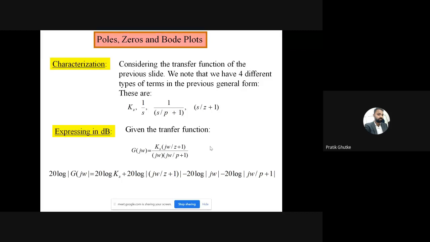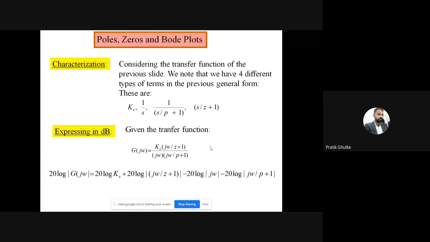This is the generalized form when the transfer function is given in the S domain. We have to calculate the transfer function in the frequency domain. For that, replace every s with j omega. So G of s becomes G of j omega.